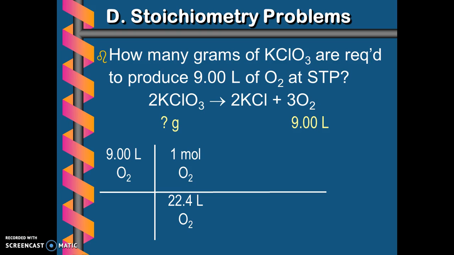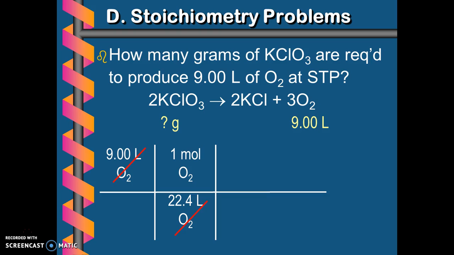And we've learned that under those conditions, for a mole of any gas, you have a volume of 22.4 liters. So we're able to make that conversion, and our liters are going to cancel out. Remember, that's the goal of stoichiometry, get our liters to cancel out into another unit that we can use.